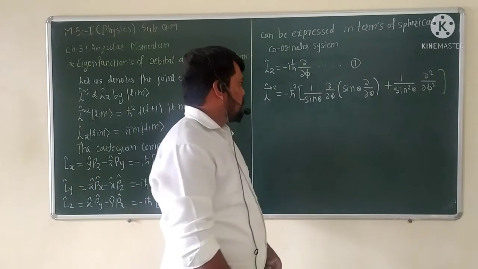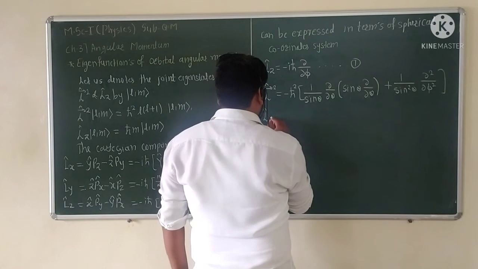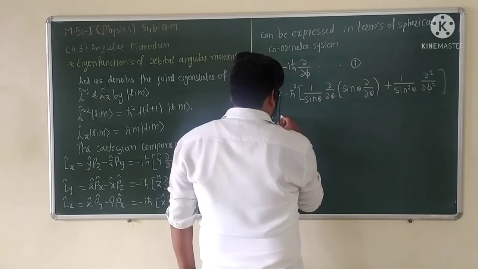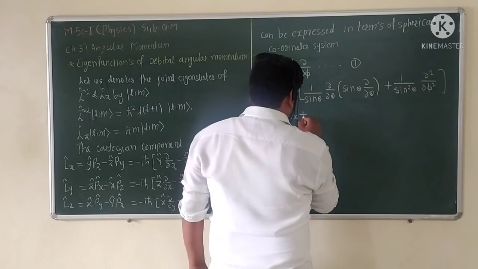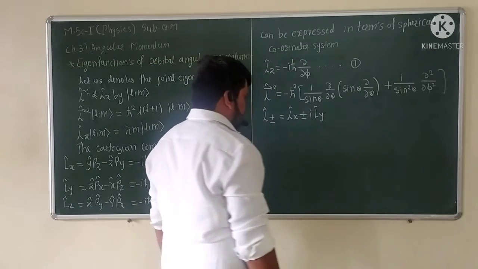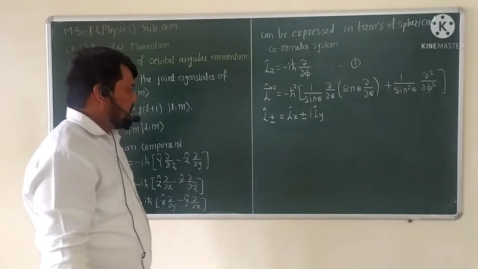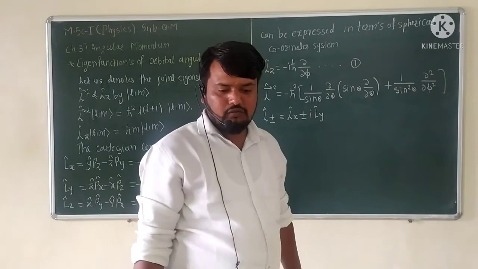Again we want to express L cap plus or minus, which is nothing but Lx cap plus or minus i Ly cap. In the spherical coordinate system we want to define this Lx cap and Ly cap.